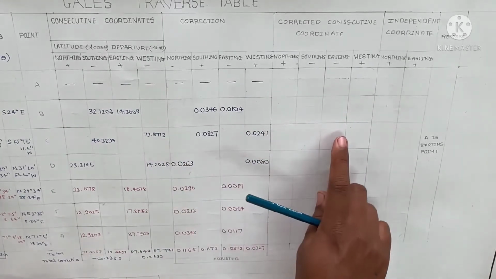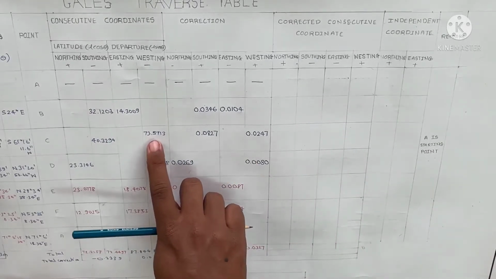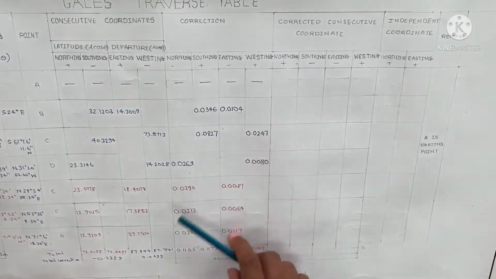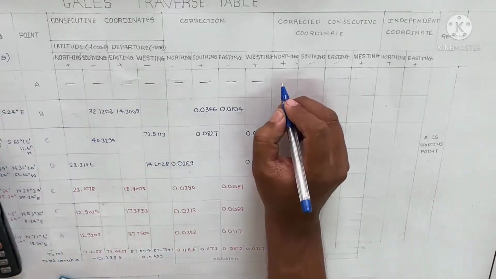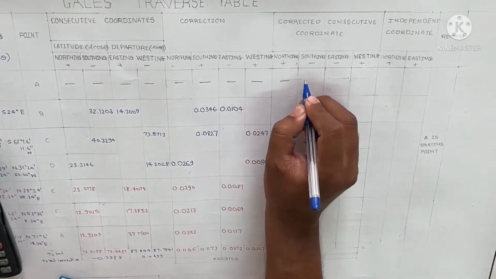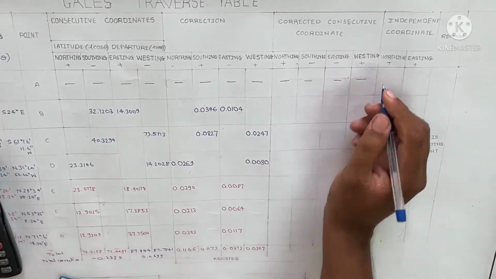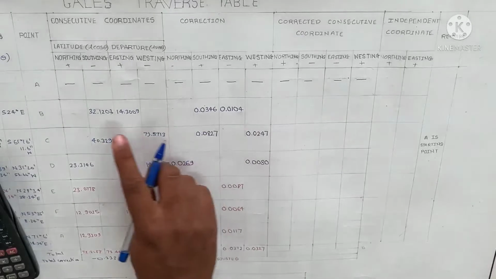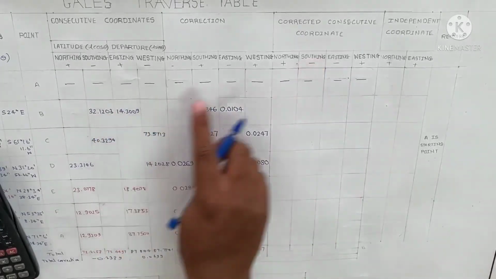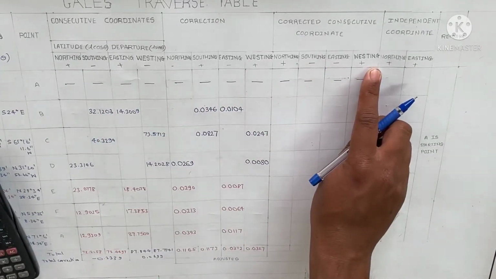For the westing, we are going to add the correction. Same rule we are going to apply here. The first line will remain as it is, dash, because the starting point is itself the closing point. In order to calculate southing we are going to deduct it. So we have first of all decided the sign conventions.